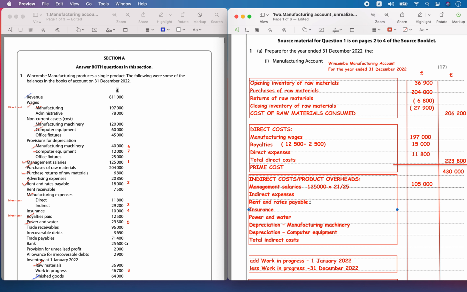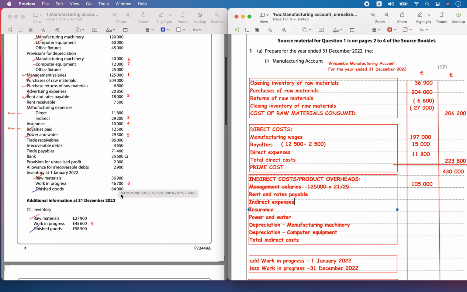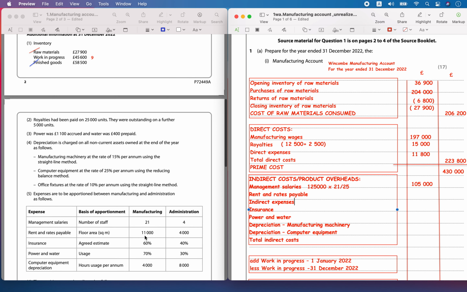Then we have the rent and rates payable, at 18,000, and this is going to be apportioned on the basis of 11 over 15. Okay, 11 plus 4,000, so 15,000.